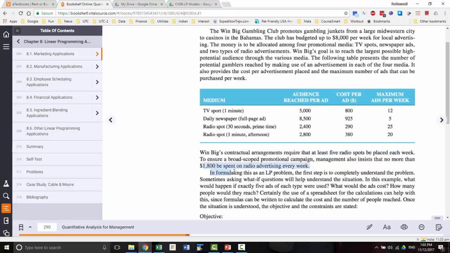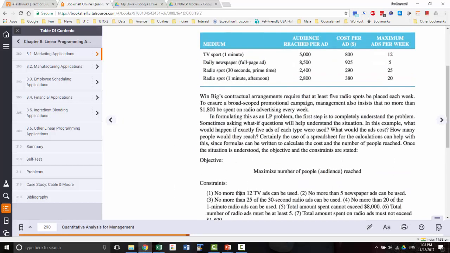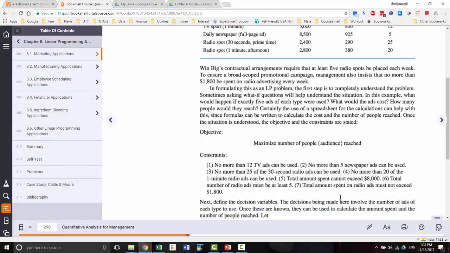So no more than 12 TV ads, no more than 5 newspaper ads, no more than 25 radio 30-second spots, and no more than 2 of the 1-minute spots. Those are the 4 maximums per week. Then we have the budget constraint of $8,000, at least 5 radio spots, and the total amount on radio ads not to exceed $1,800.